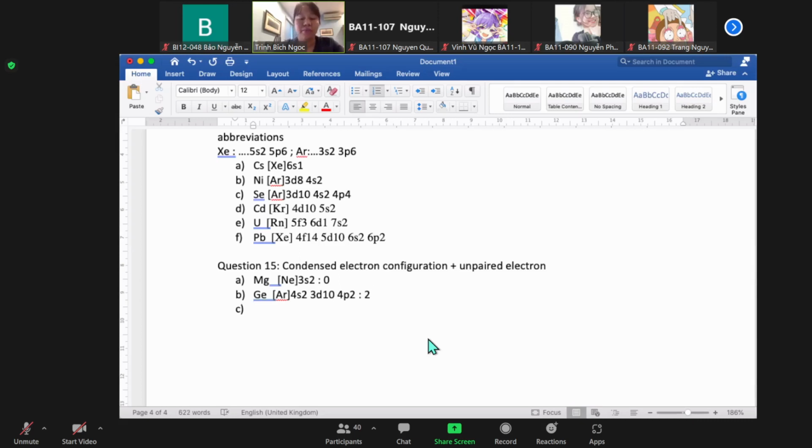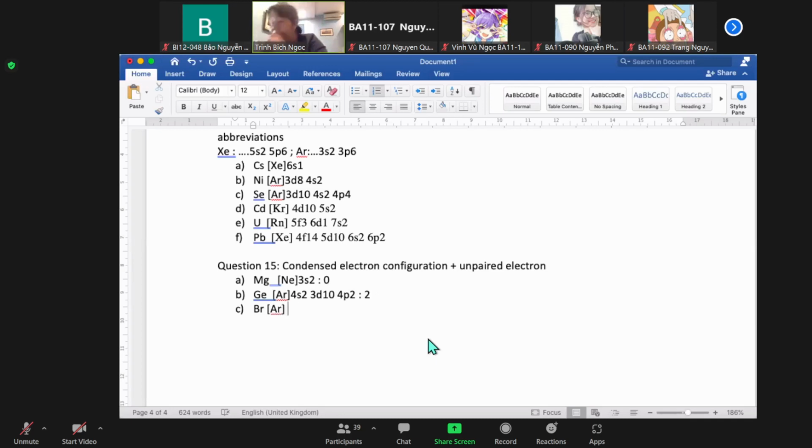Okay, for bromine, we'll do bromine. For bromine, Argon. Brom cũng vẫn là argon. Và ta phải điền thêm bao nhiêu electron nữa ạ?